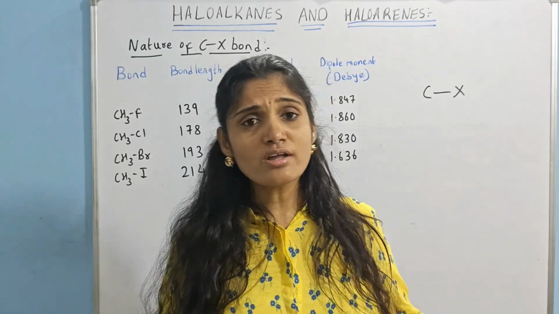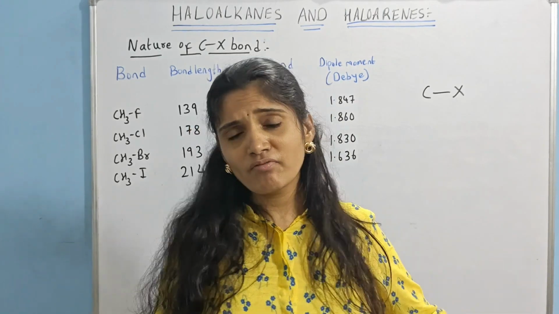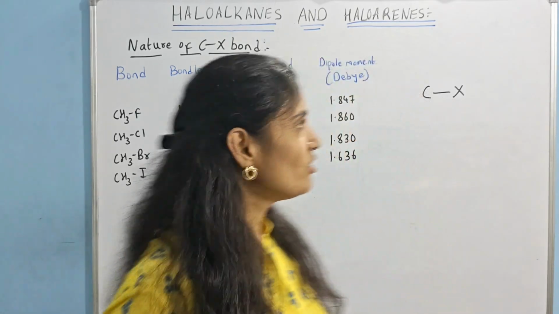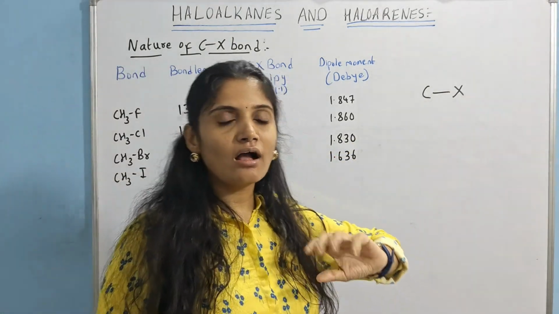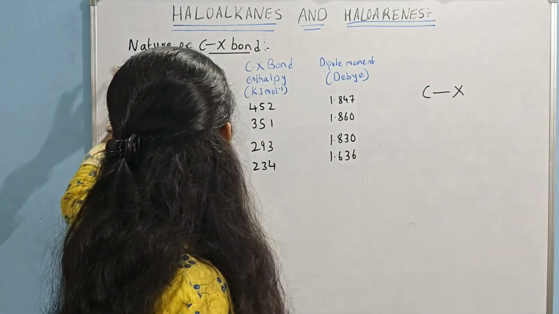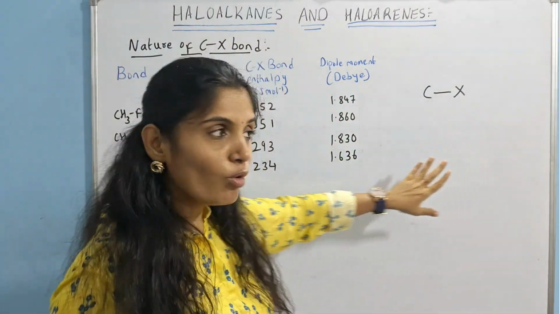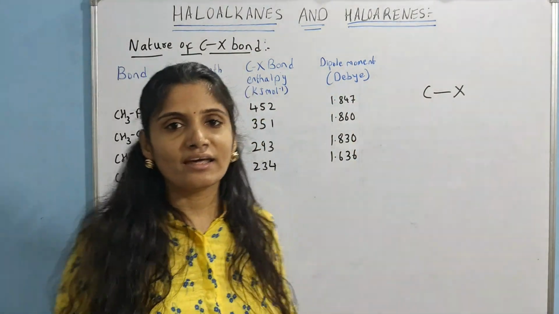As long as you don't understand the nature of the bond, it won't be convincing when you try to understand the chemical properties. So let us try to understand the nature of the carbon-halogen bond in haloalkanes and haloarenes. Based on the nature of the C-X bond, we can explain different properties of haloalkanes.